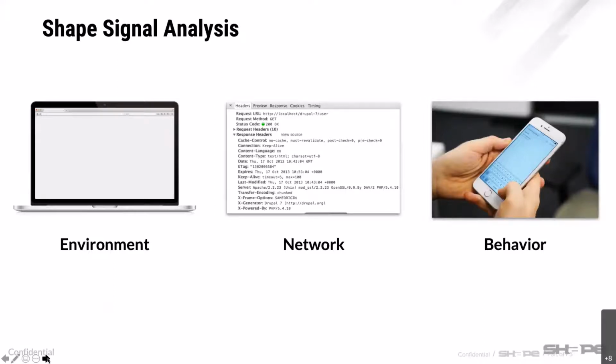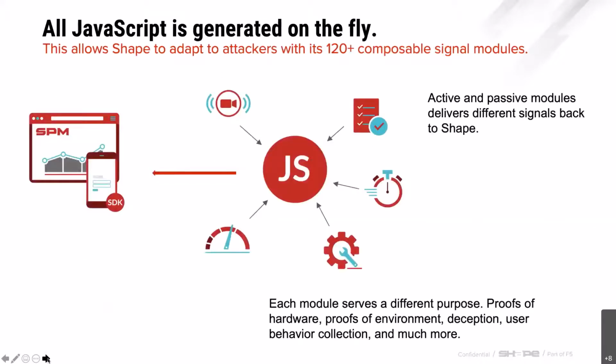So in terms of how we collect the data, we deploy our JavaScript, and within that JavaScript, it's configurable. We have modules within the JavaScript that can turn on which signals we need to deploy for any particular customer, particularly on SED.